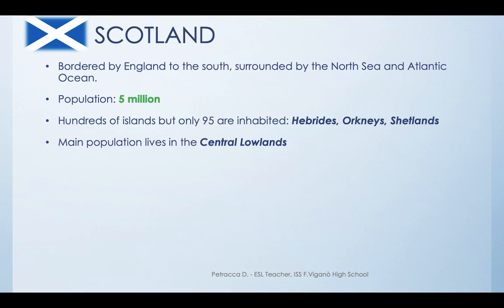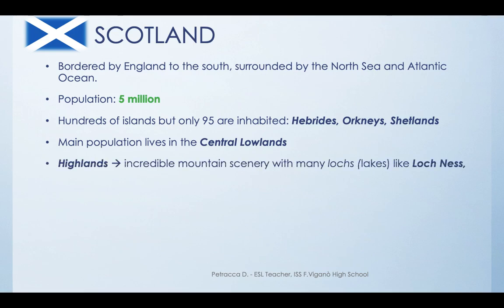Main population lives in the central lowlands, so we can divide Scotland into lowlands and highlands. Highlands are characterized by incredible mountain sceneries with many lochs, which is the Scottish name for lakes, like Loch Ness.